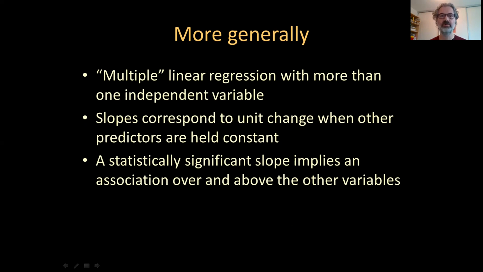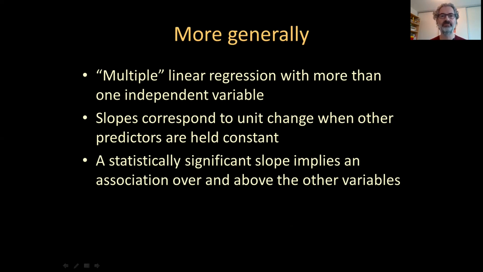It is possible to have a statistically significant correlation if you only look at this predictor and the dependent variable, but not a statistically significant slope if the variability in the dependent variable is already accounted for by other variables.